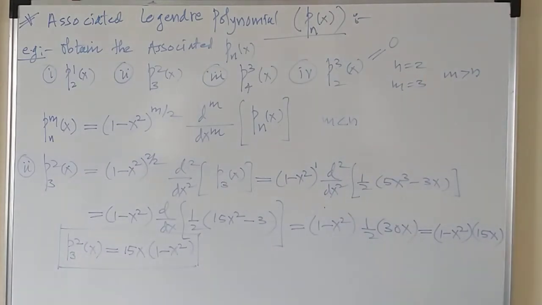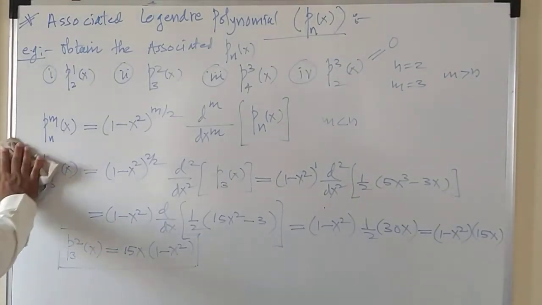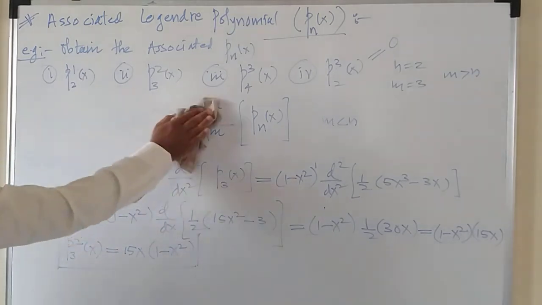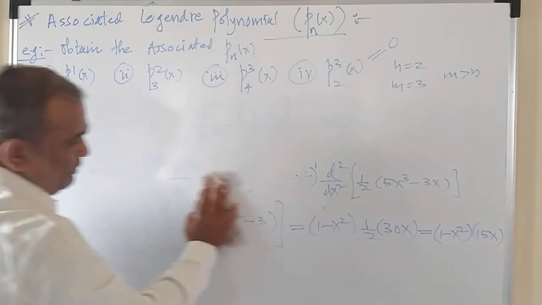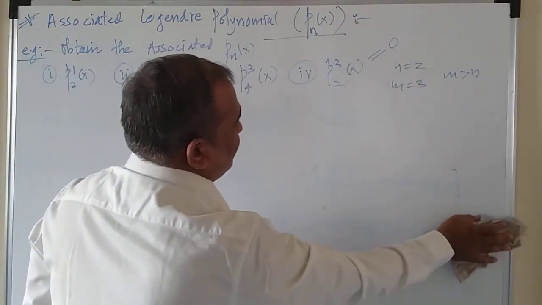And one more problem I will give you for homework, and this is about the associated Legendre polynomial and its properties, which is a simple one. I hope you have understood this.